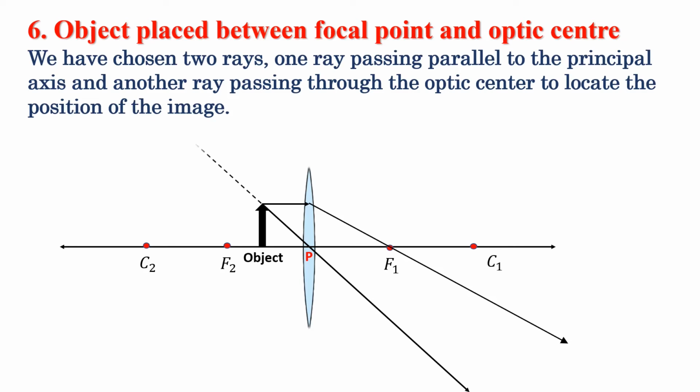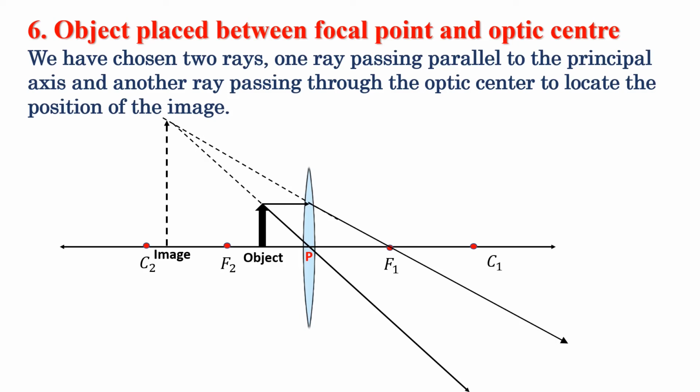So we can extend the rays like this, and these two rays intersect at a point on the same side of the object. So there we get the image, which is on the same side of the object. Here the dotted lines are used for extending the rays backward, and dotted lines again are used for the image.